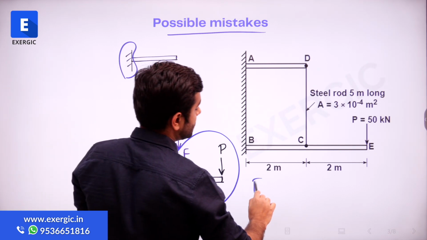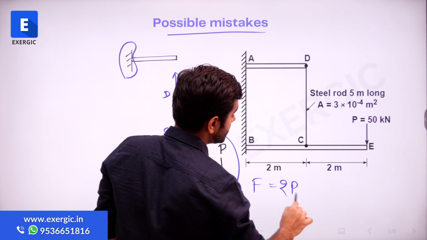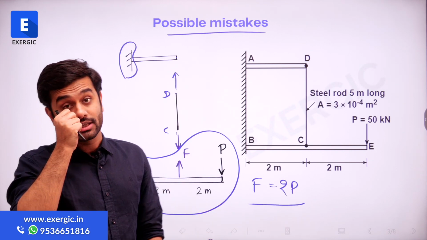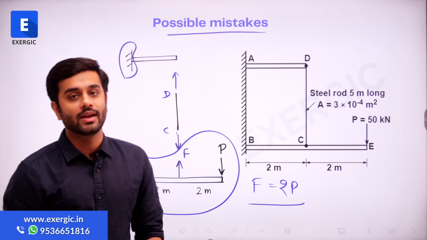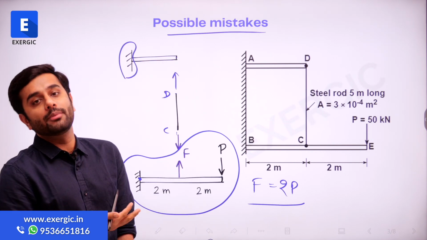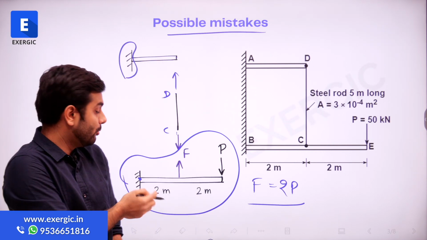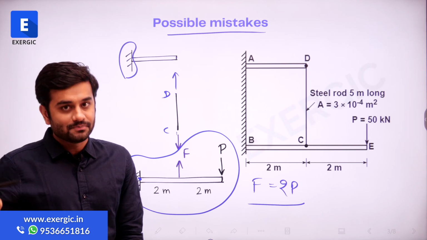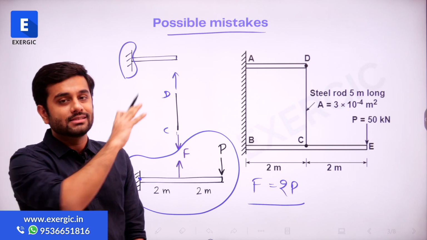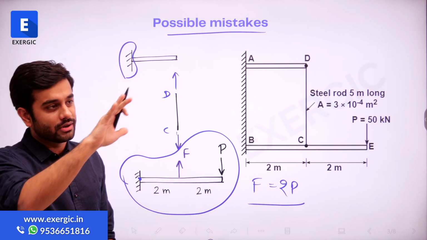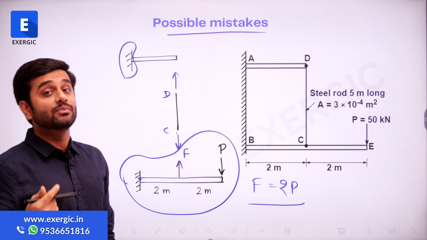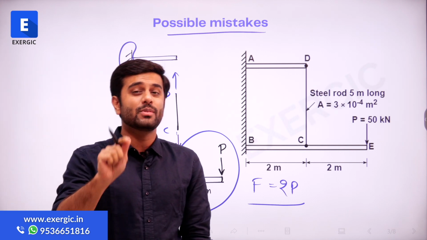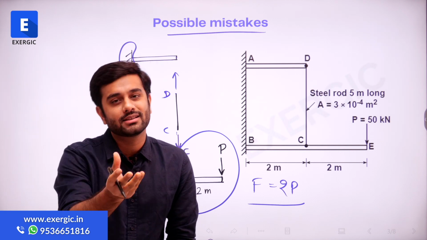That will give you F equal to 2 times P, which is an incorrect expression. That's not how you can relate F and P. Why? They are in equilibrium. You can obviously take the moment about this point, but you have not removed the support yet. And it is possible that in such questions, where your mind is towards different things, you may skip that. And that is very much important. Let me tell you why. I know you may think it's such a small point.